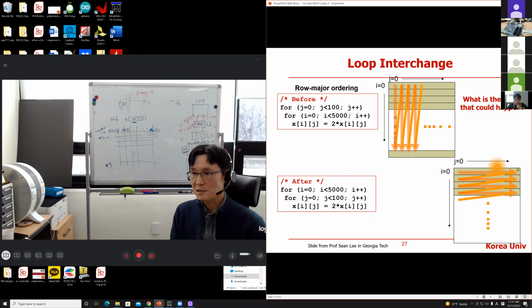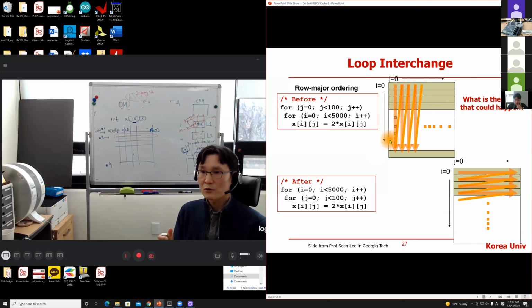Do you see the problem? What would happen if you write this code? In the worst case, every time you access an element in the two-dimensional array, you have a cache miss.